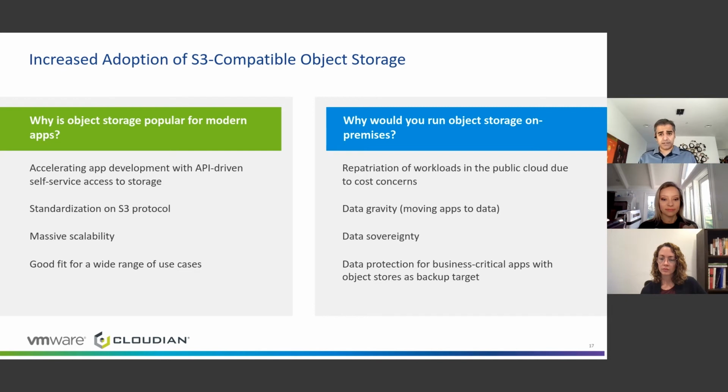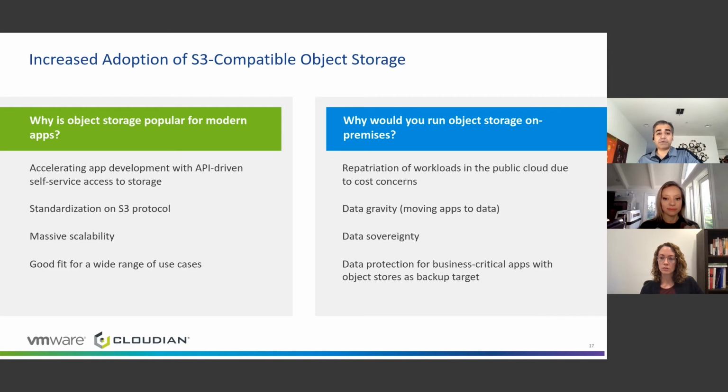And then, of course, the last piece is data protection, right? Other than for modern application development, object storage can also be used as a backup target for traditional applications. One of the biggest use cases for Cloudian has been data protection with our key partners like Veeam and some of the other data protection partners, to be able to protect your data from deletion and from malicious attacks like ransomware.